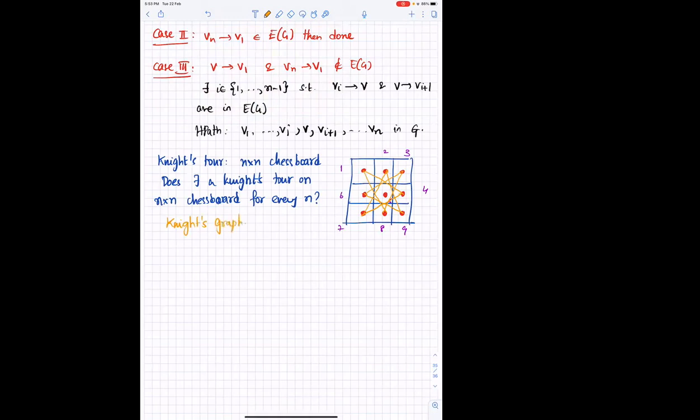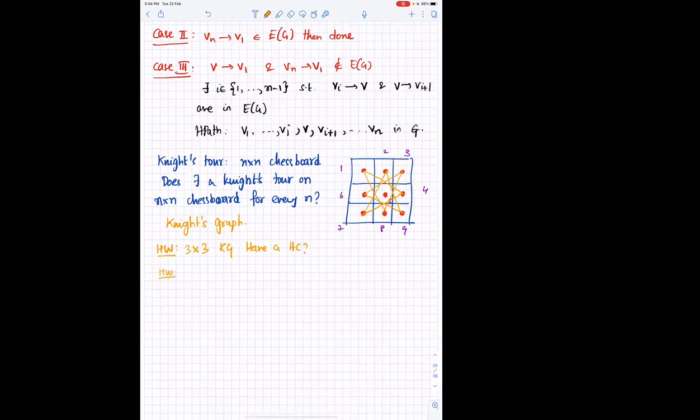Now the question is, if you look at the knight's graph on n vertices, does it always have a Hamiltonian cycle? And for what values of n does it have? So this is a homework. Think about it. Does a 3 cross 3 knight's graph have a Hamiltonian cycle? What can you say if n is even, if n is odd, and so on?